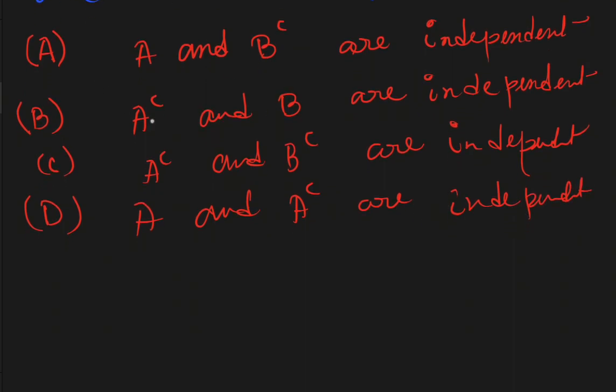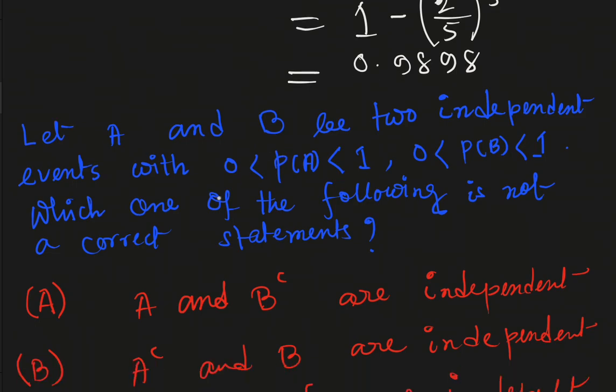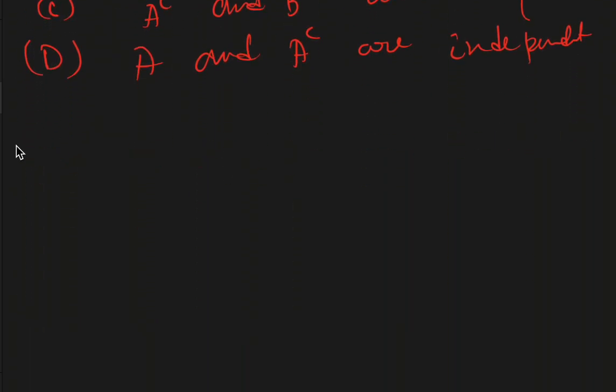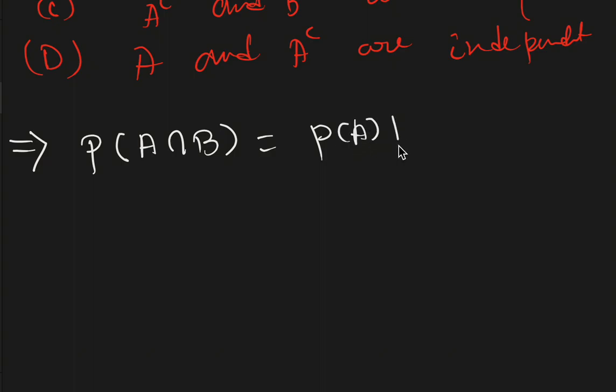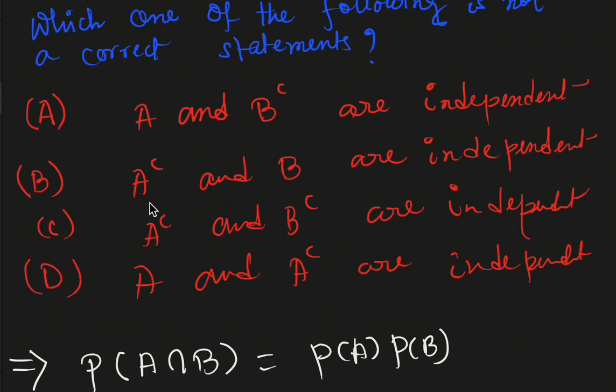So we are given that A and B are two independent events. What does it mean? It means P(A intersection B) is P(A) into P(B). Now let's check.